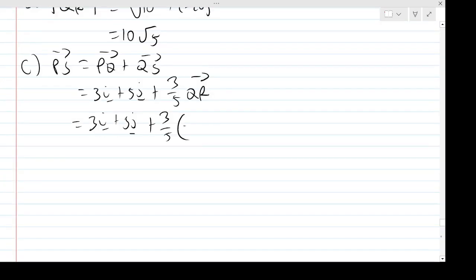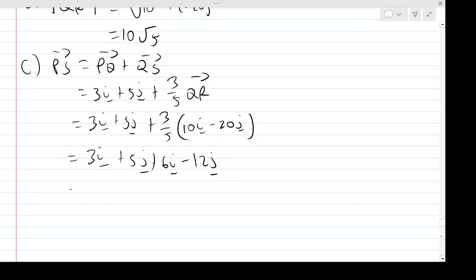I just need to expand that. It's 3i plus 5j, and then 3/5 times 10i is 6i, and 3/5 times minus 20j gets me minus 12j.